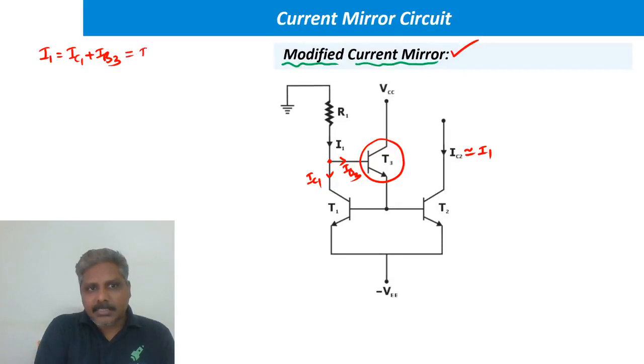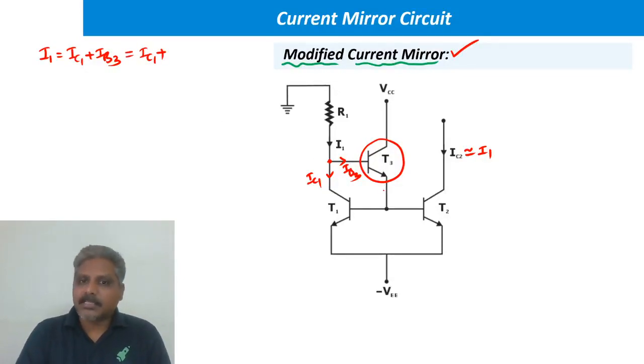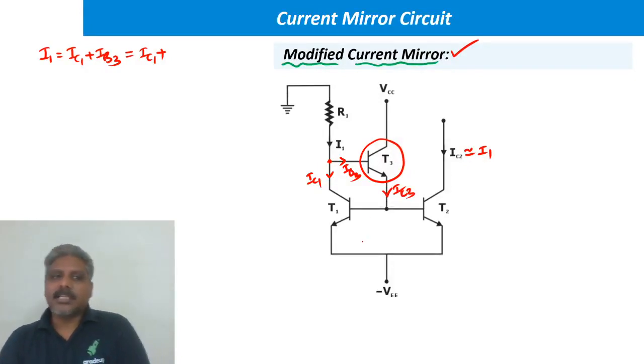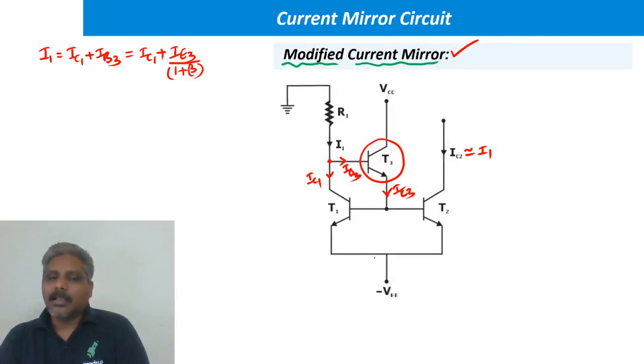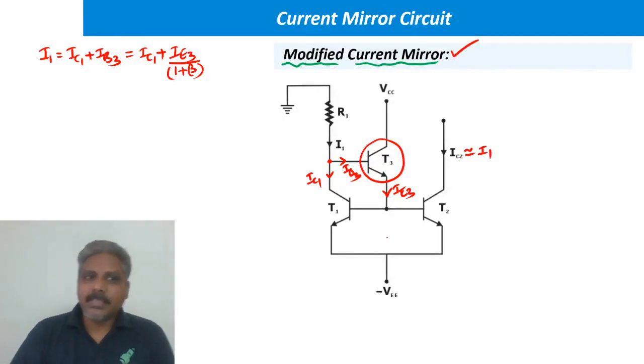Can I write IB3 in terms of IE3? What is the relation between IB and IE? IB is IE3 by 1 plus beta, right?